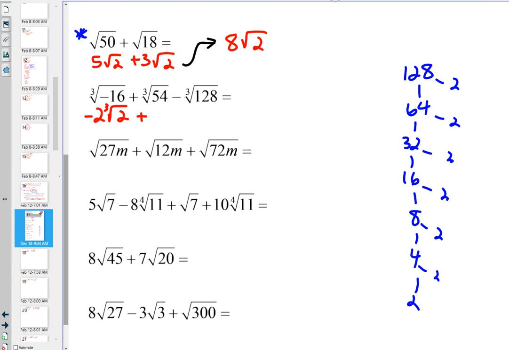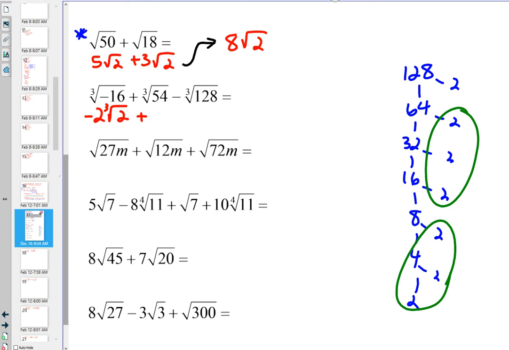It has 7 2s as prime factors. If you were to do a tree when these are cube roots, in order to break out of the radical, how many have to be in a group? Yeah, the triple, whatever the index says. So here I could bring out 2 2s. That'll be the last one at the end. And on the inside stays the 2.